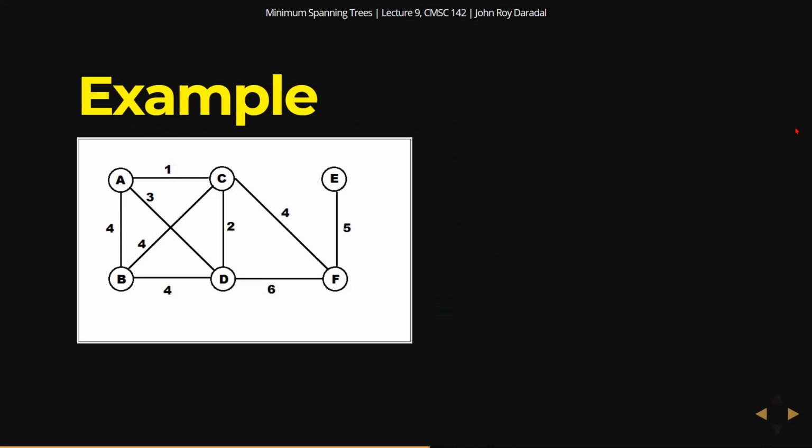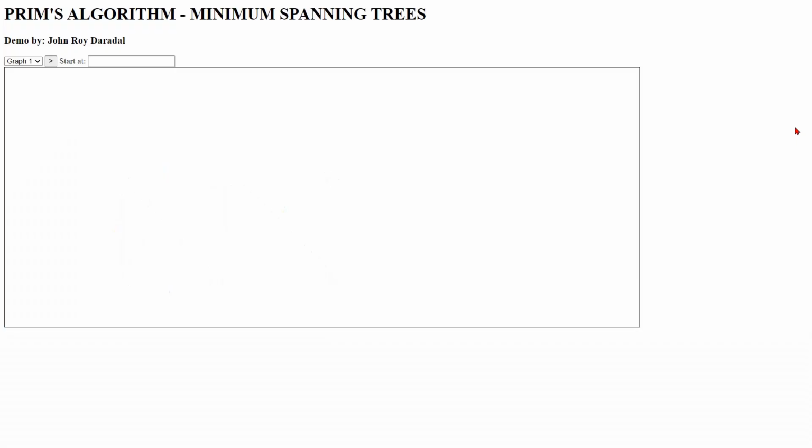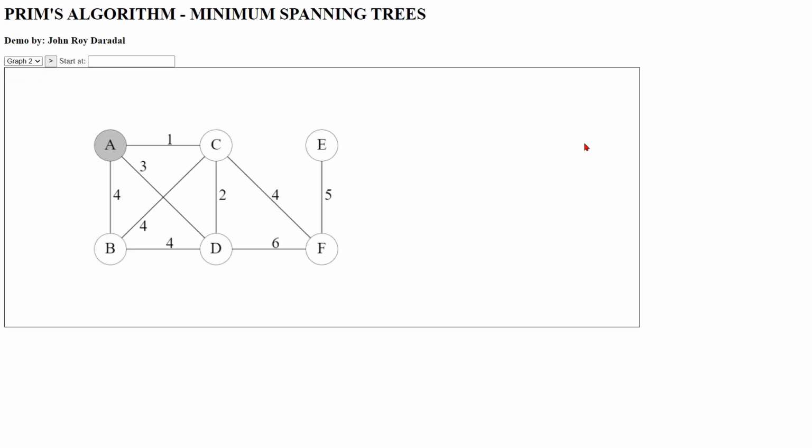So let's see one more example of Prim's algorithm, this time using this graph. Okay, so let's go to graph 2, and let's just start with vertex A. So this time the valid edges would be AC, AD, and AB, and out of the three, the safe edge would be AC, right?